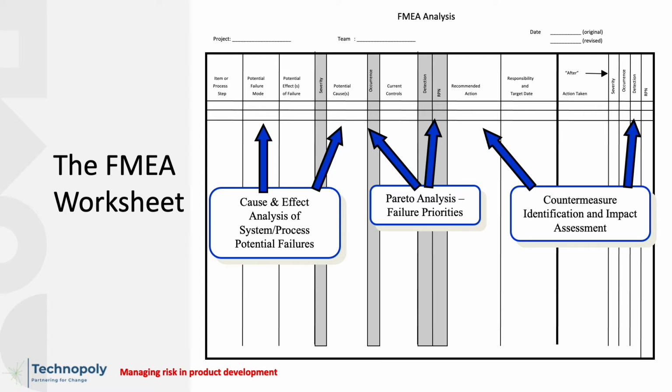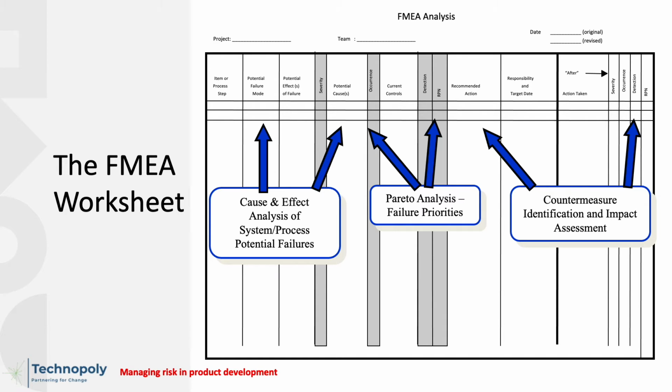To be able to evaluate the failures, you can have three basic components of evaluating the potential failure or the risk of the failure. This is done by looking at the severity, the occurrence, and the detection.